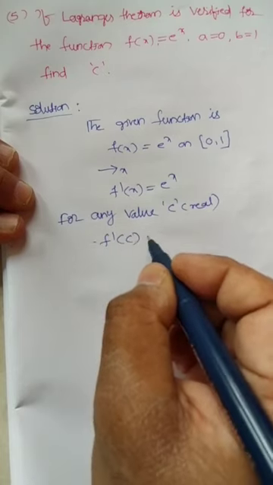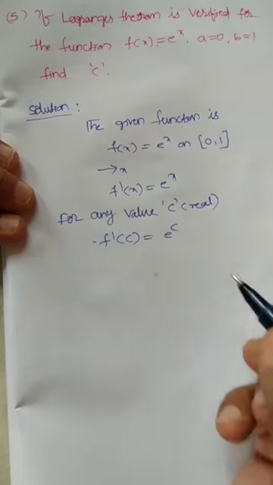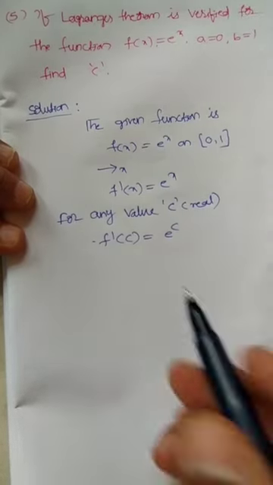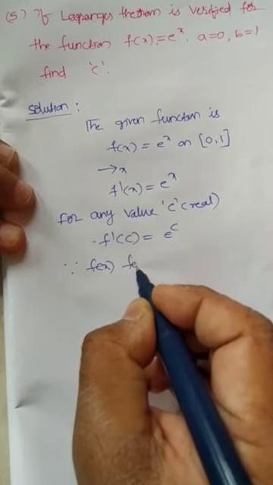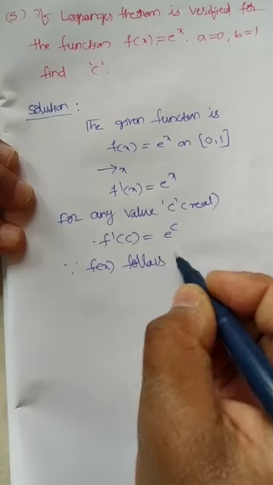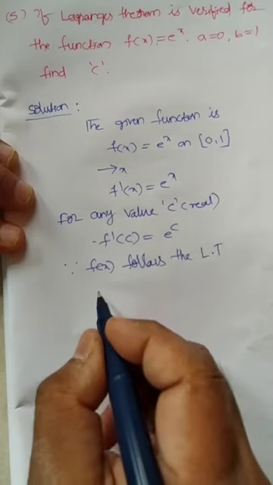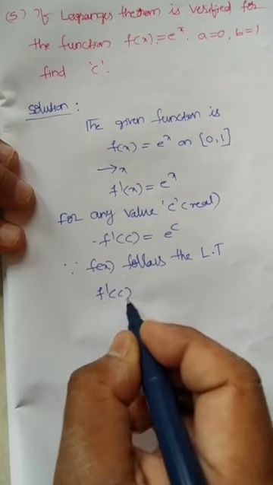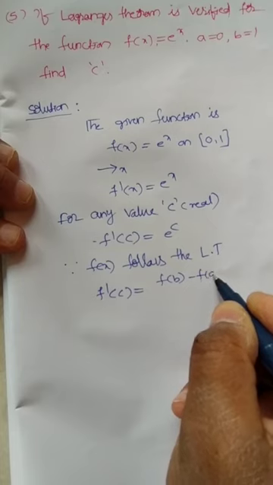E power c, we got. Since f of x follows the Lagrange's theorem, f dash of c is equal to f of b minus f of a by b minus a.